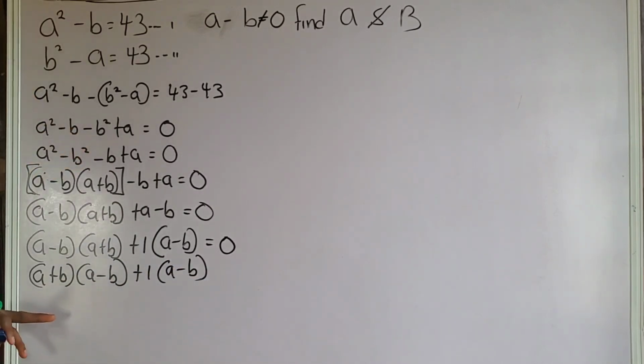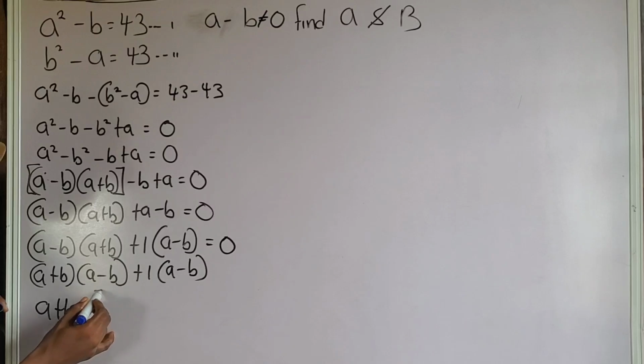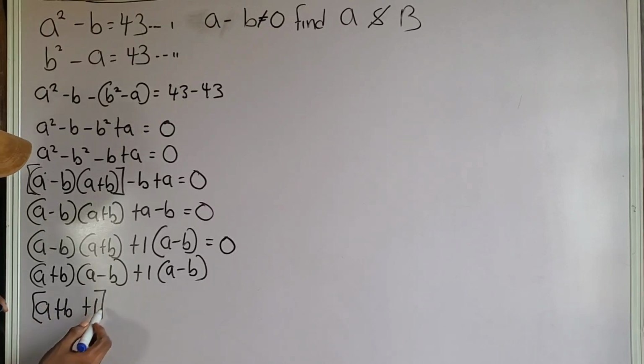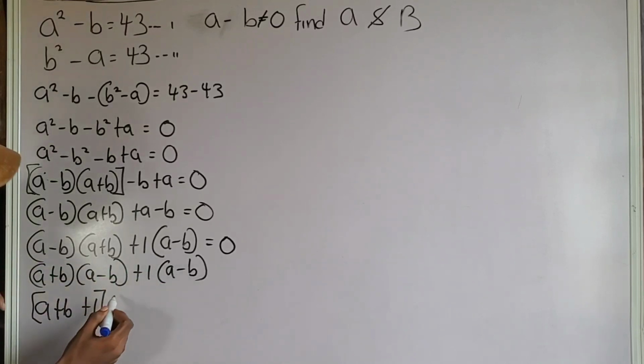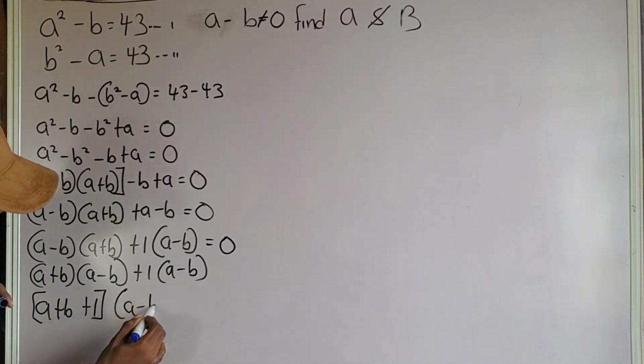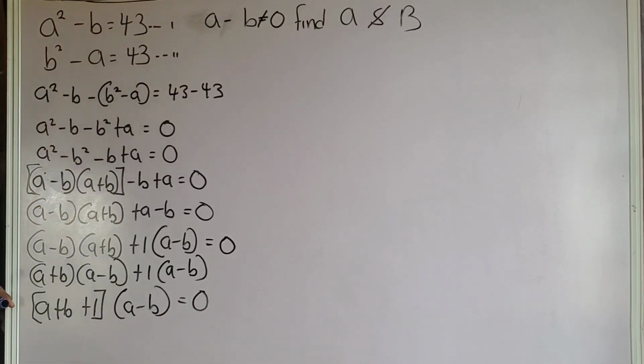Using the knowledge of your quadratic equation, you are going to have a plus b plus 1, then you take a minus b, so I'm going to have a minus b equals 0. Do you understand?